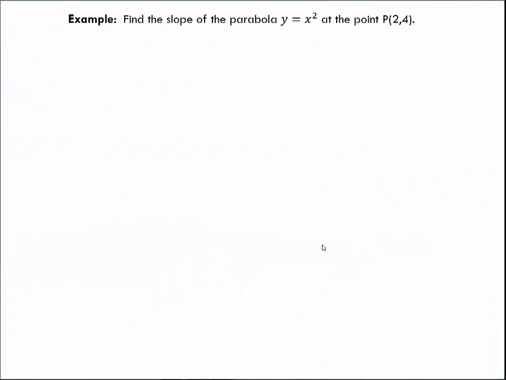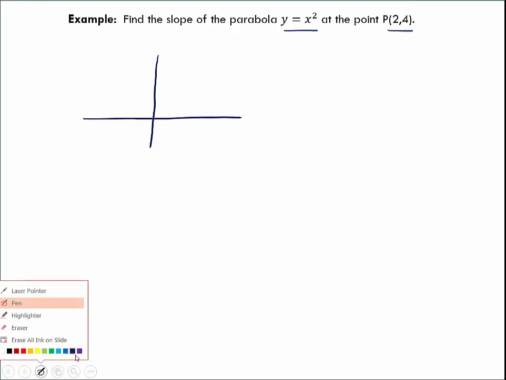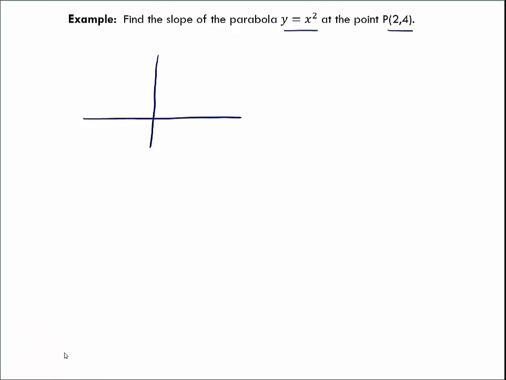All right, let's find the slope of the parabola y equals x squared at this particular point. So basically what we're doing, and we all know what x squared looks like. Let's get another color going on here. We know our parabola looks like this. That's our y equals x squared.